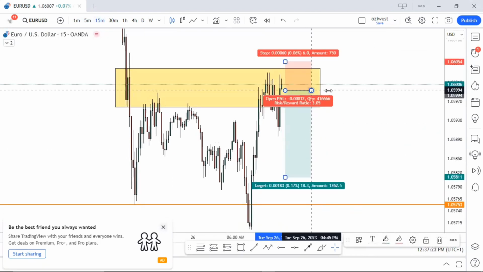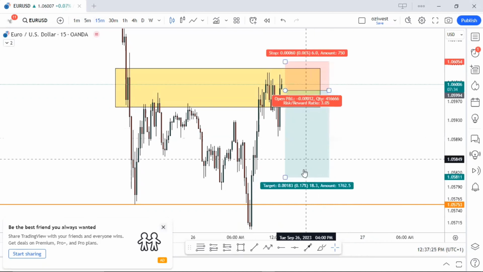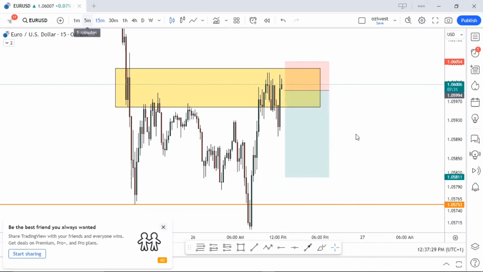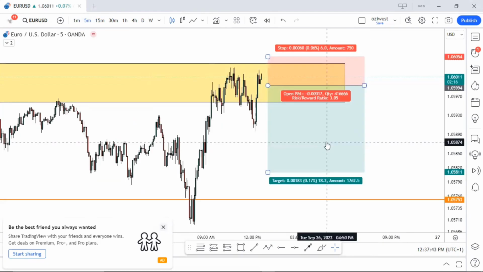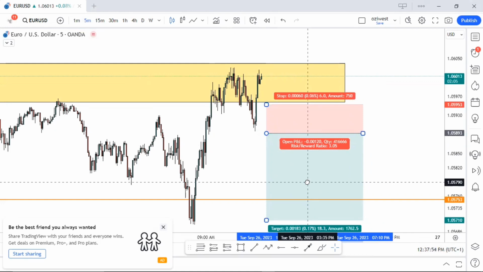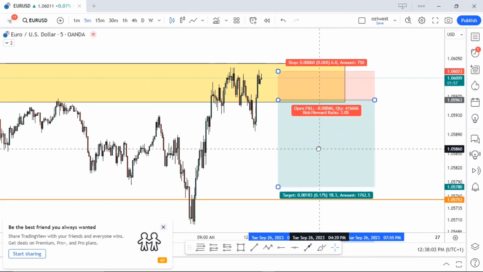I'll give you guys an update if price closes with a bearish engulfing candlestick. Or should we wait for this current candlestick?